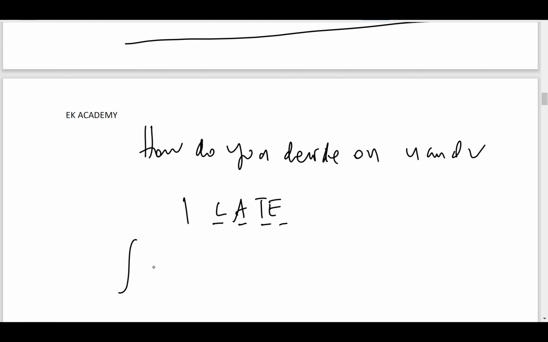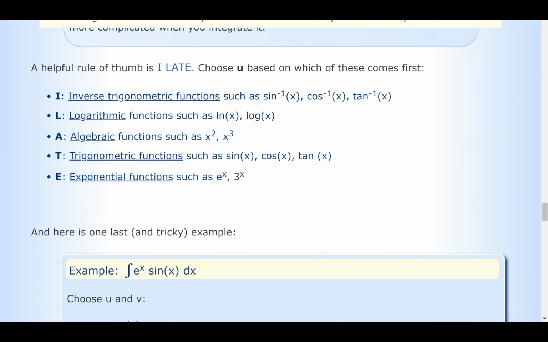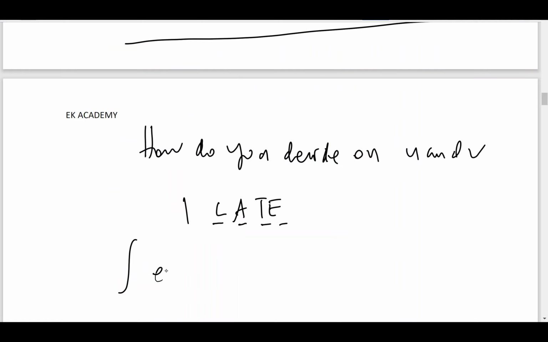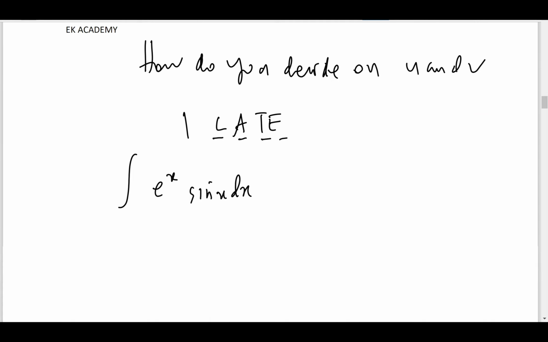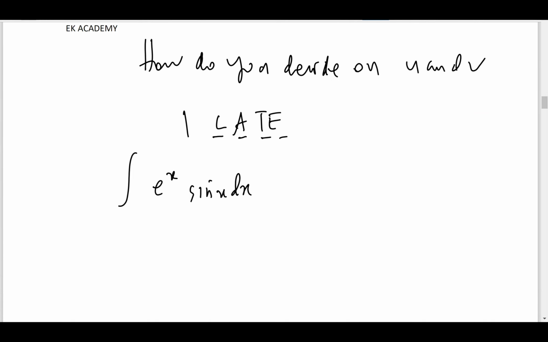So when you have the integral, for example, of e^x sine x dx, how do you select? You check: we have exponents in the last one, and trigonometric comes earlier. So it means u will be sine x, dear students.